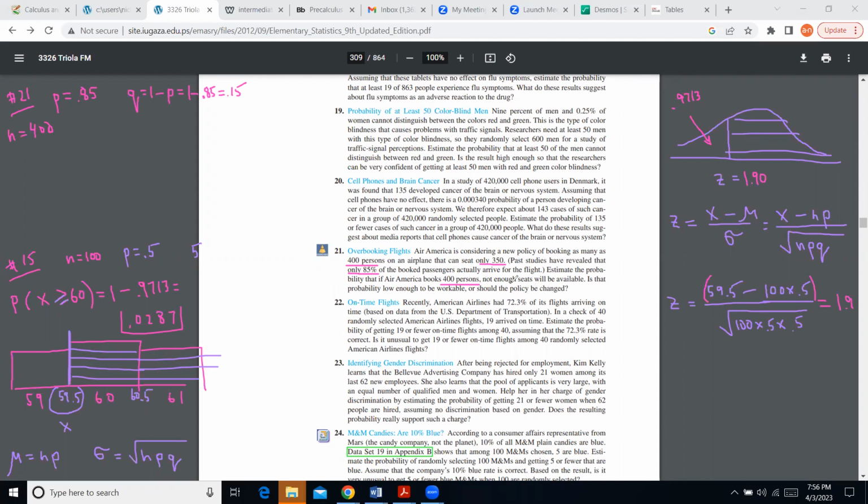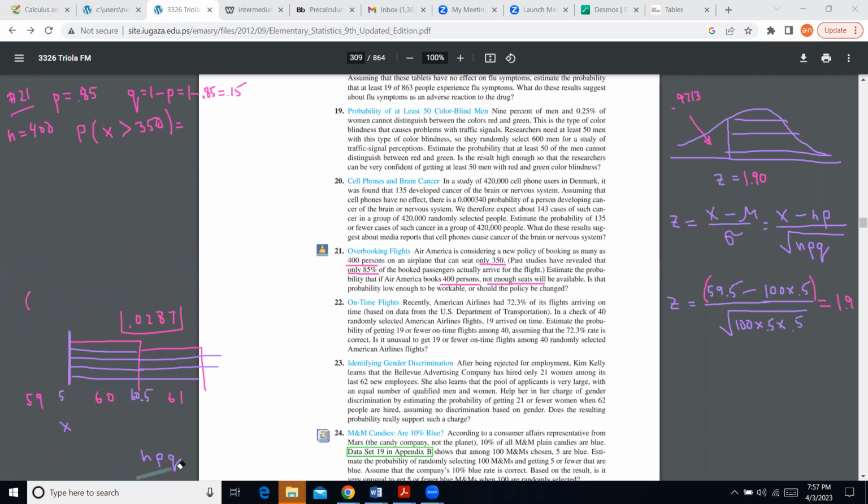probability of not enough seats. Not enough seats means how many people came in. Well, looks like if 350 is just enough, then we got more, right? Than 350, maybe 351 or 352, and so forth. So more passengers actually came in than we have seats available.